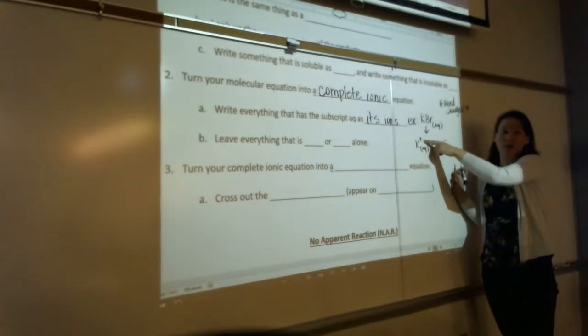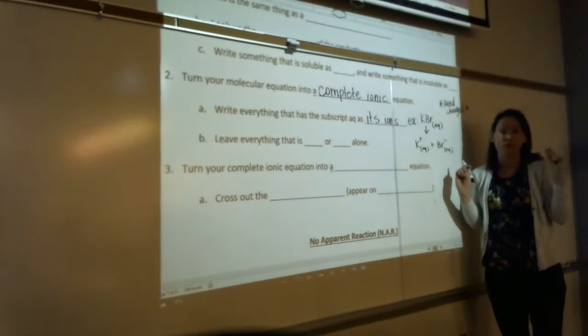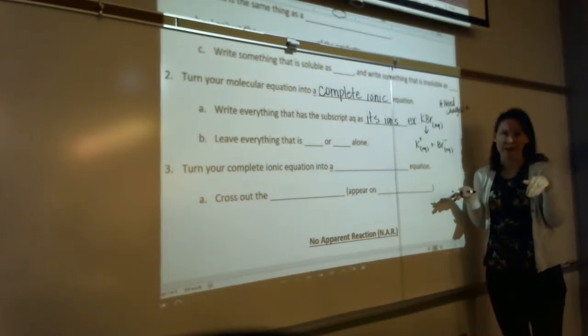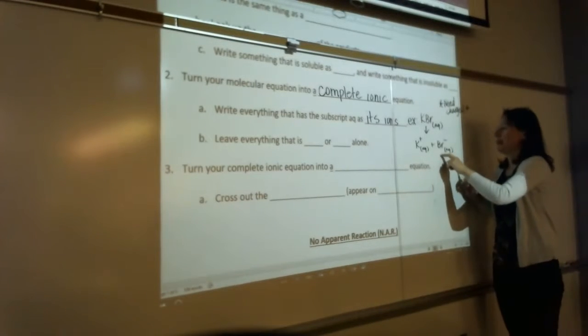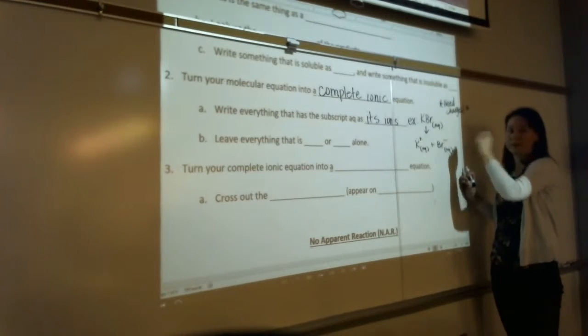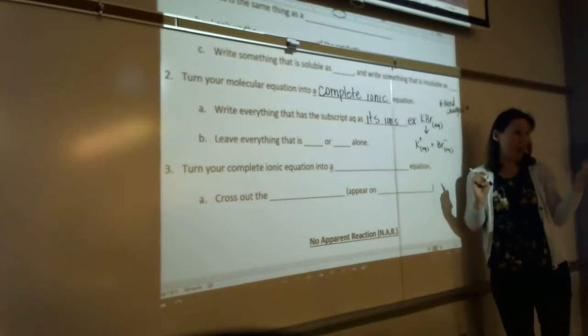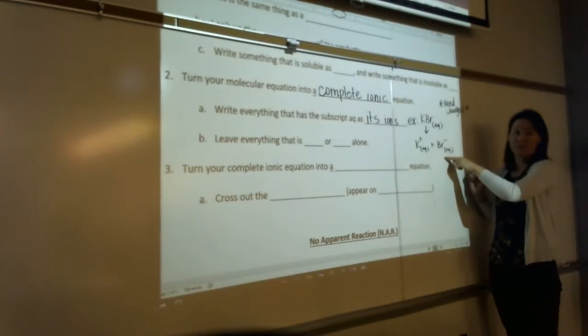You need that charge, because losing that electron makes a big difference. Sodium metal plus water, bad idea. Sodium ion plus water, fine. Same thing here: bromide versus bromine. Bromine in its elemental form is a brown gas, Br2. Bromide, the ion, very different.